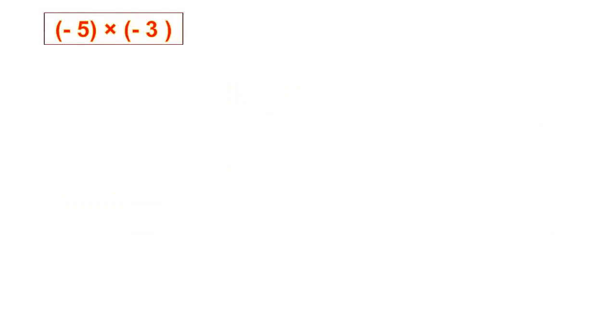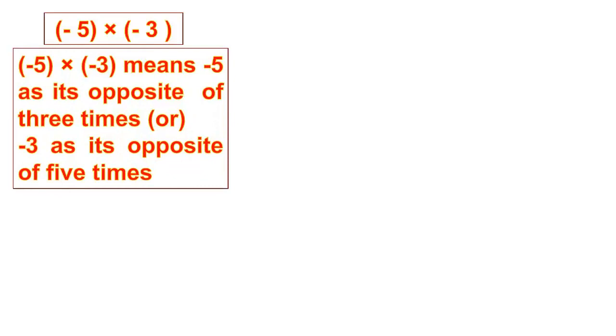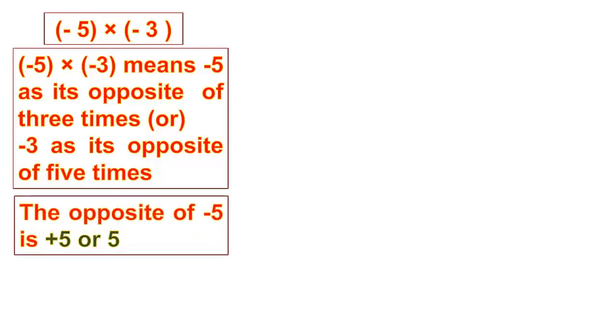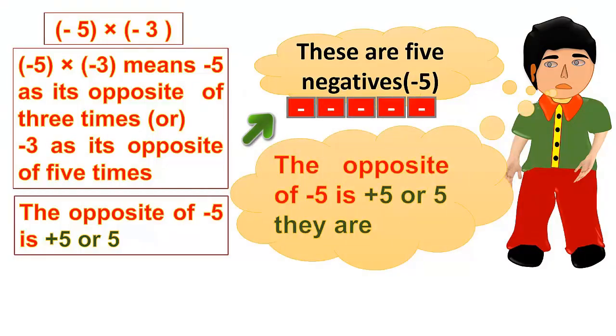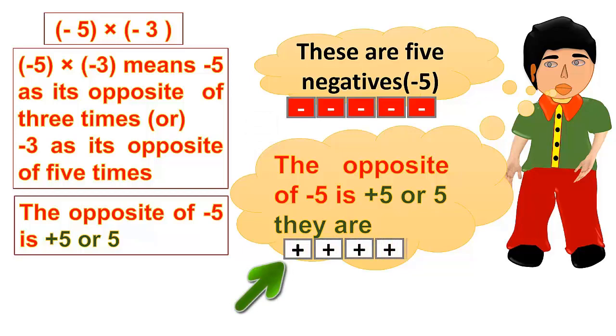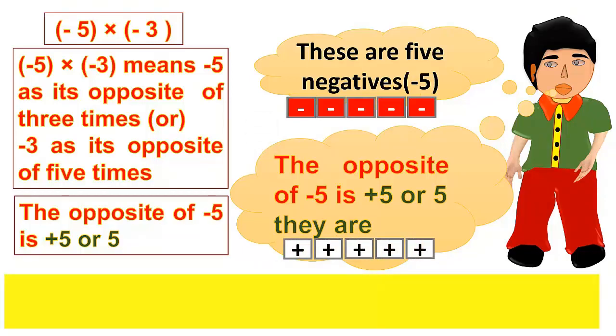Now we take minus 5 into minus 3. It means minus 5 as the opposite of 3 times, or minus 3 as the opposite of 5 times. The opposite of minus 5 is plus 5, or 5. So these are 5 negative symbols, and the opposite of minus 5 is positive 5. They are plus symbols, and in a row 5 are arranged.